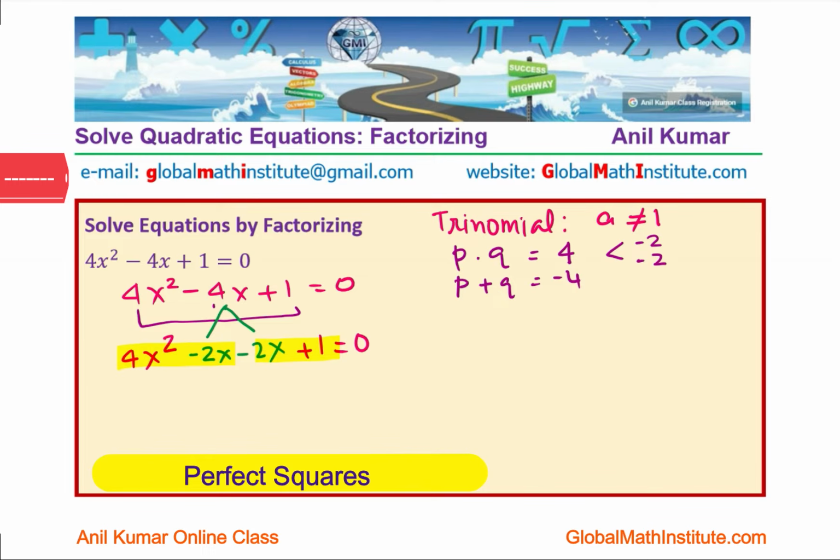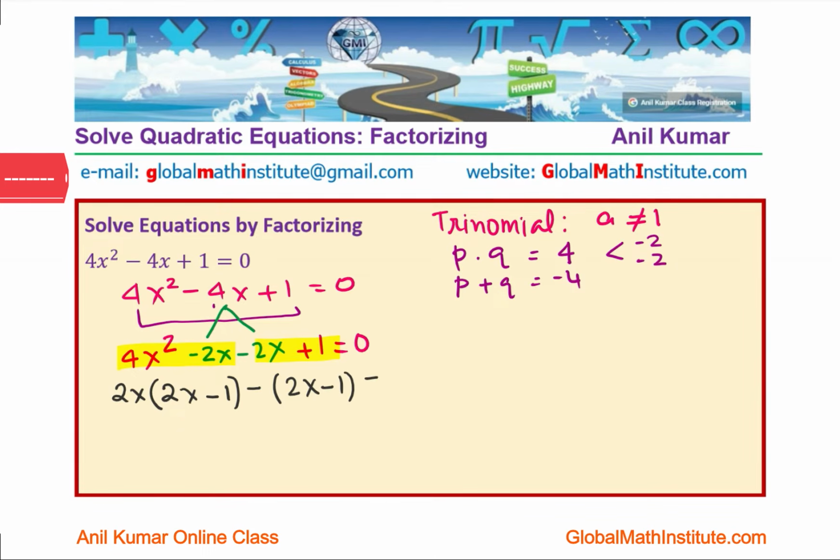So if I group what is common between the first two, 2x is common, right? And we are left with 2x minus 1. Here you could group and factor minus 1, right? So when you factor minus 1, we get 2x minus 1. You get exactly the same factor, which is common to both, and that is 2x minus 1. So once you take it common, it becomes a factor. And this is 2x, and that is minus 1, equals 0.